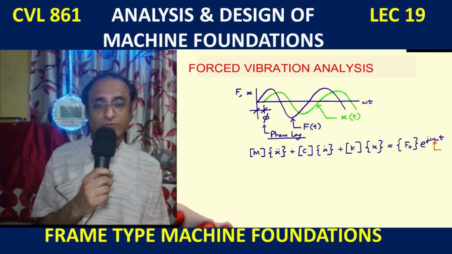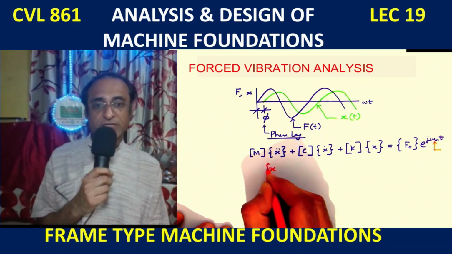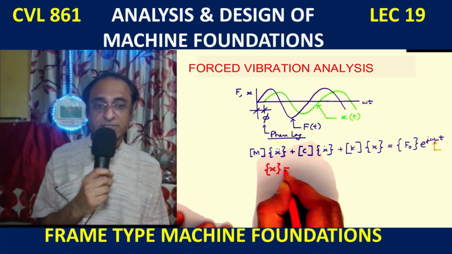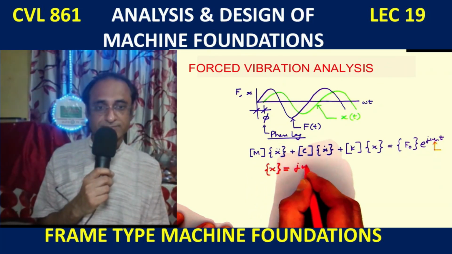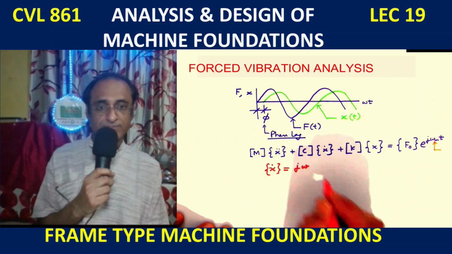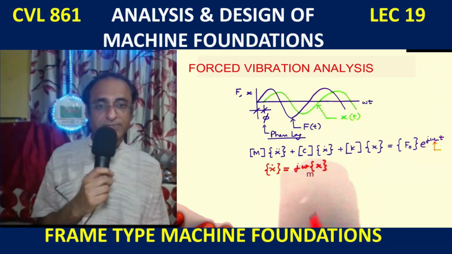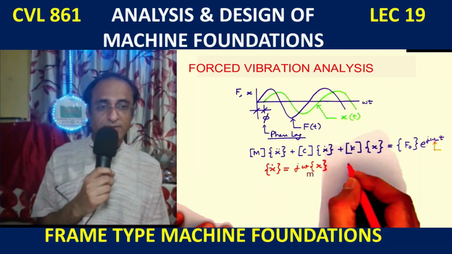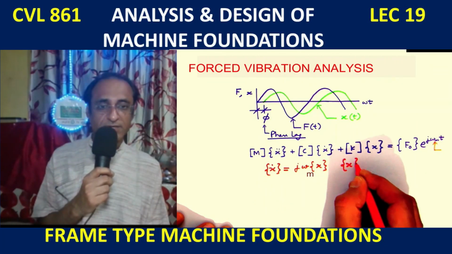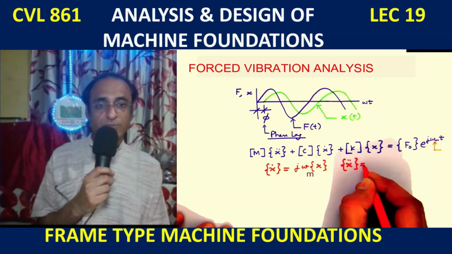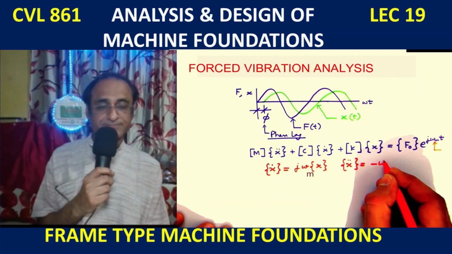Now, taking advantage of the harmonic condition, the velocity and acceleration can be expressed in terms of displacement. Velocity is j omega times the displacement, and similarly the acceleration is minus omega square times the displacement.